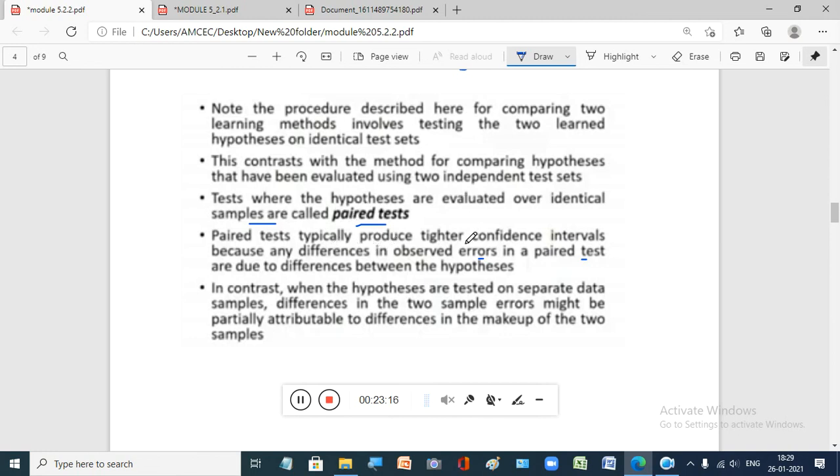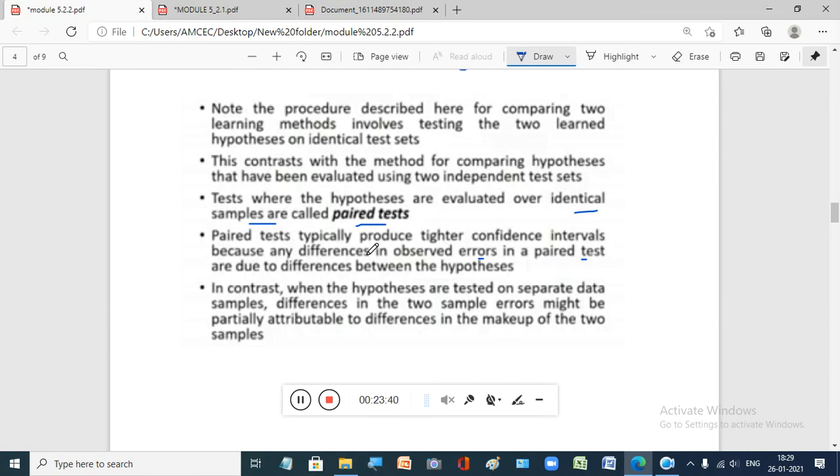Since the data set is the same, the observed errors will be based on your hypothesis, not on the data set. That is why we have tighter confidence in our test.